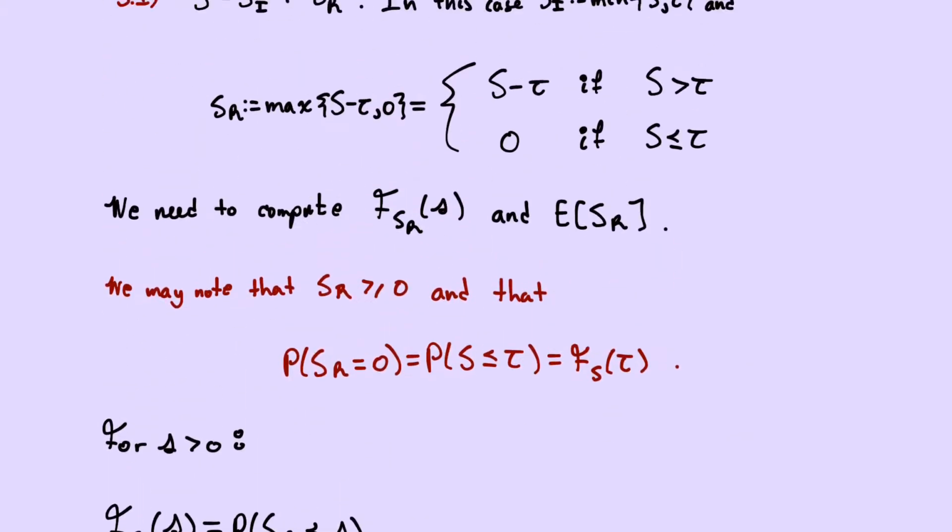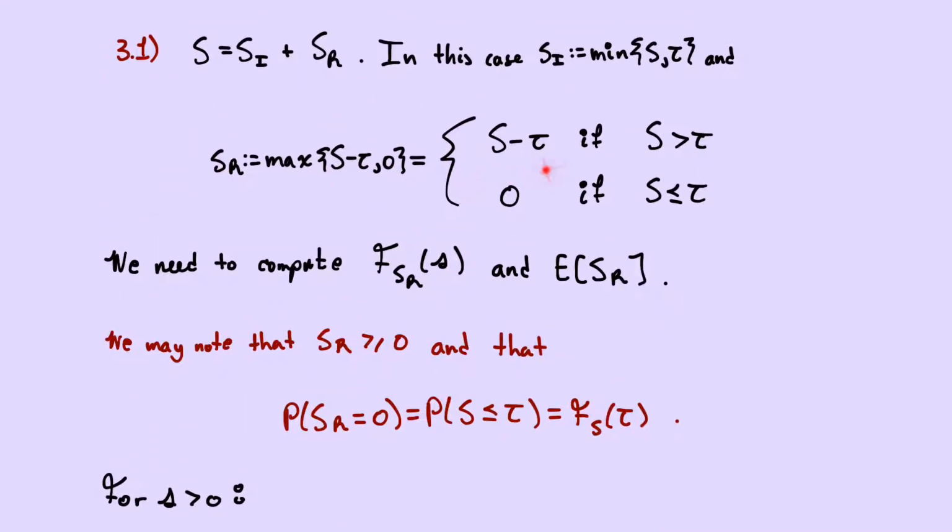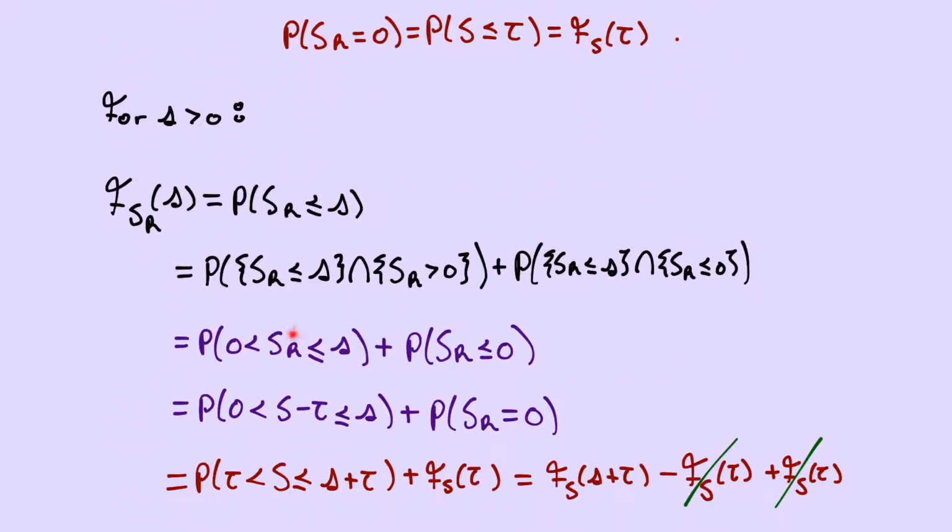Going to the definition of SR, it is only possible that this random variable is greater than 0 in this case, right? So in this case, the SR random variable, when it's positive, is also equal to S minus tau. So we can substitute this here.